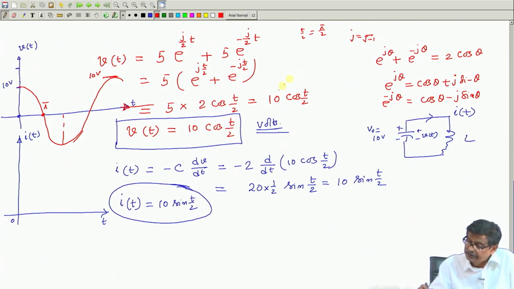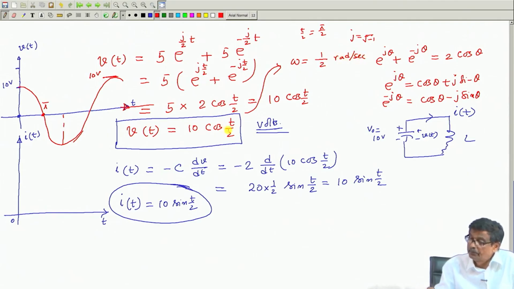What will be the frequency of oscillation? This omega, in omega t, omega is half radian per second, it is not sin omega t, omega is half. What will be the time period?